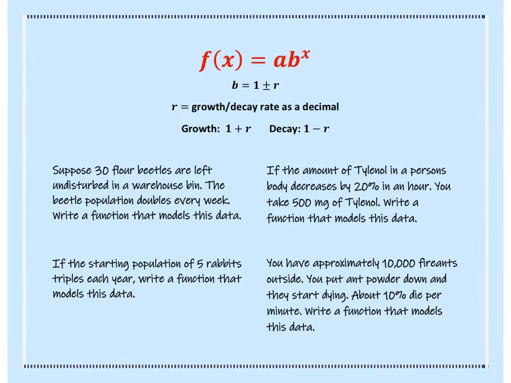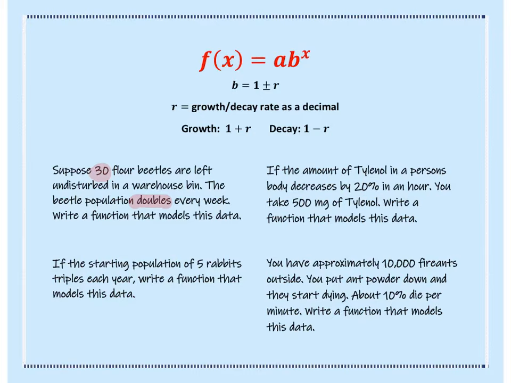So let's look at this first question we have here. Suppose 30 flower beetles are left undisturbed in a warehouse bin. The beetle population doubles every week. Write a function that models this data. So keywords that we need here. We have 30 beetles. The beetle population doubles. Well, what does doubles mean? Doubles is a 2.